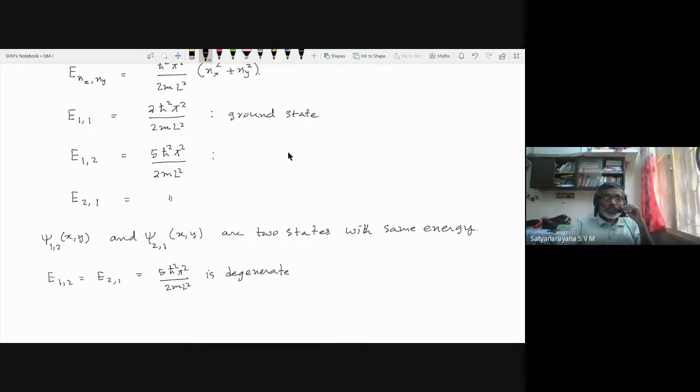And these are degenerate states. Okay, so in fact in this case it is doubly degenerate. That means there are two wave functions corresponding to the same energy.